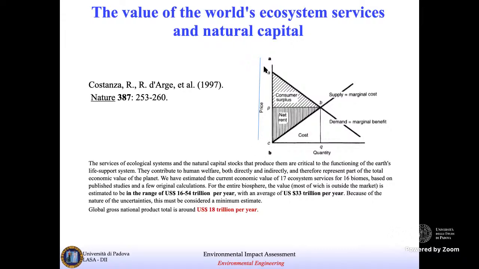So that, for example, you have a vertical price line and you have a horizontal demand line, so that the only equilibrium point is at zero. Of course, these are the two extremal situations.